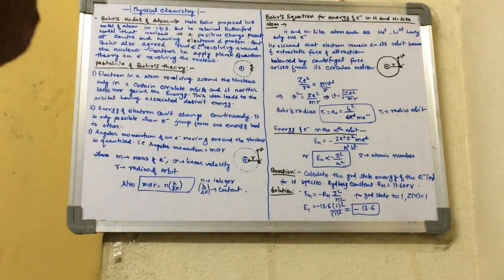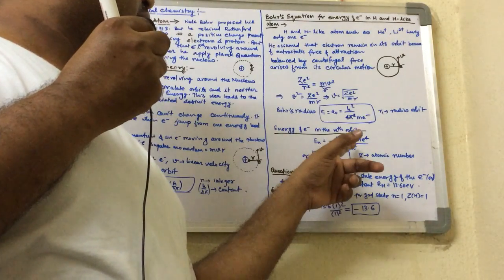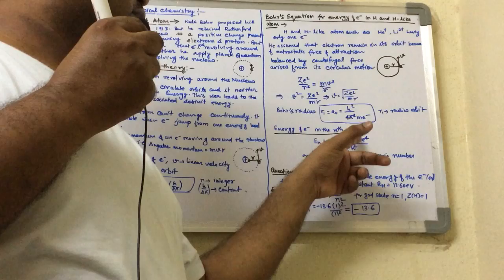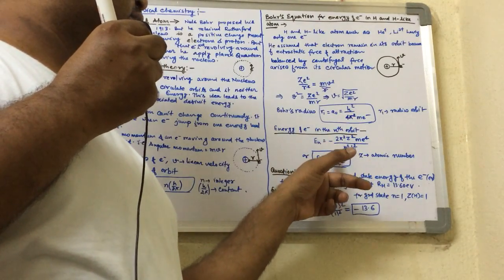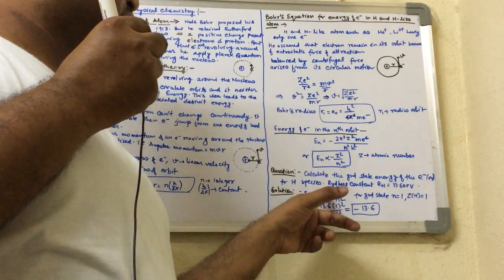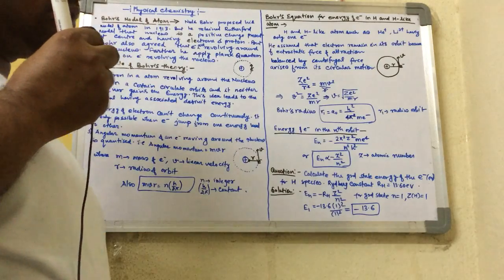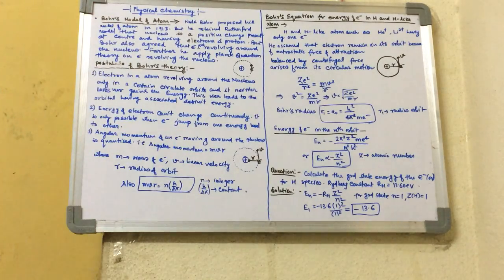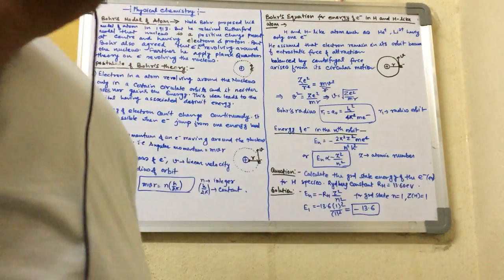Okay, so simple. This is the Rydberg constant; in the derivation they have put some constant value, meaning 13.6 electron volts.